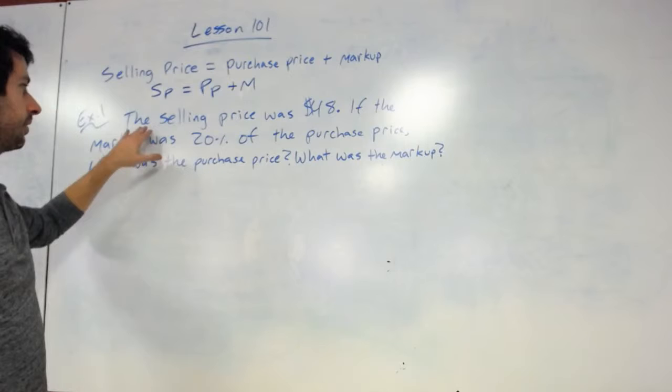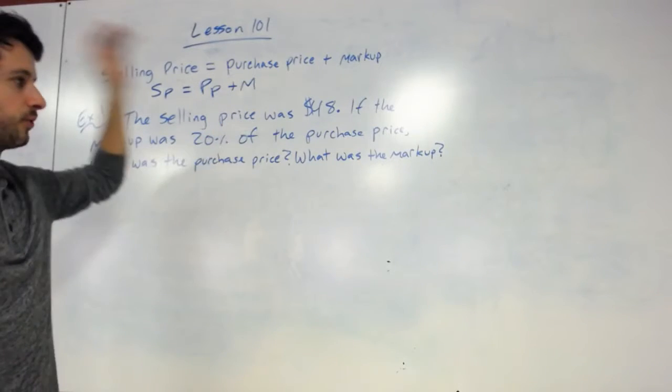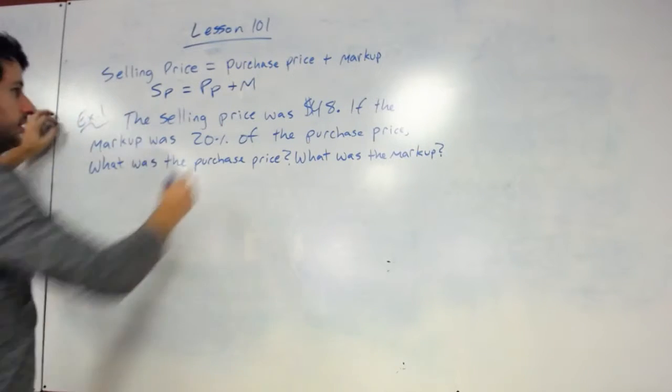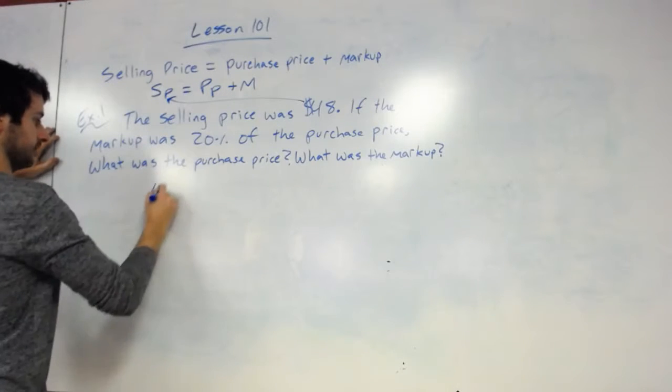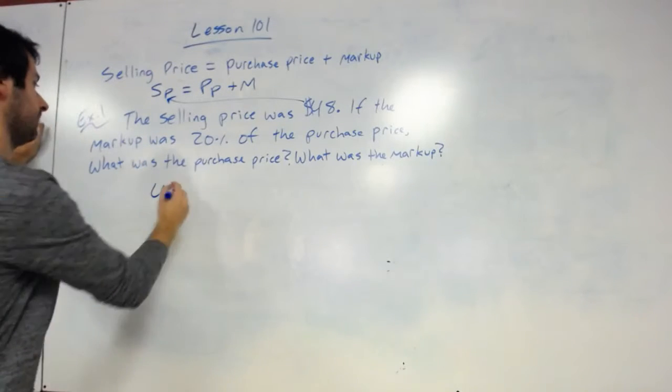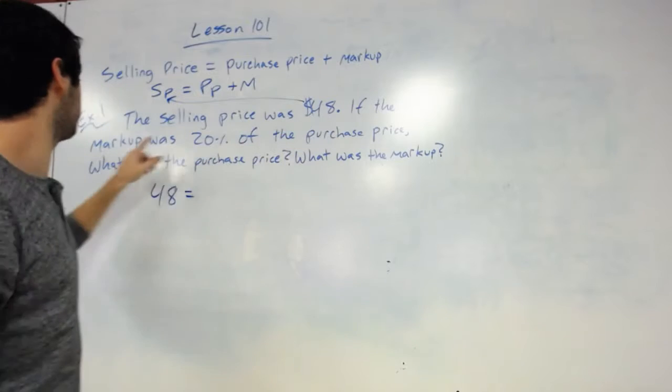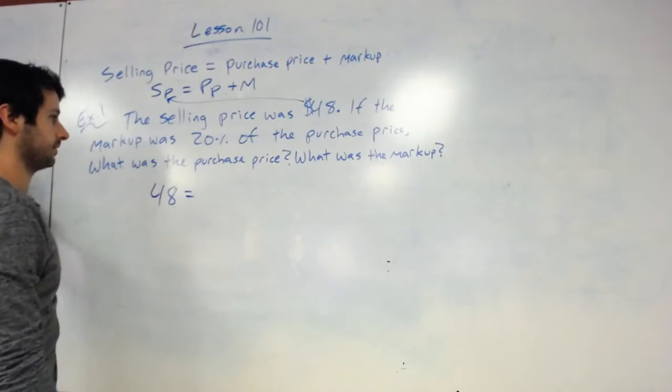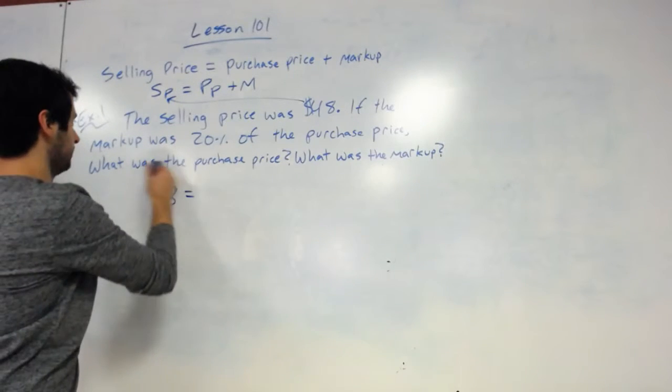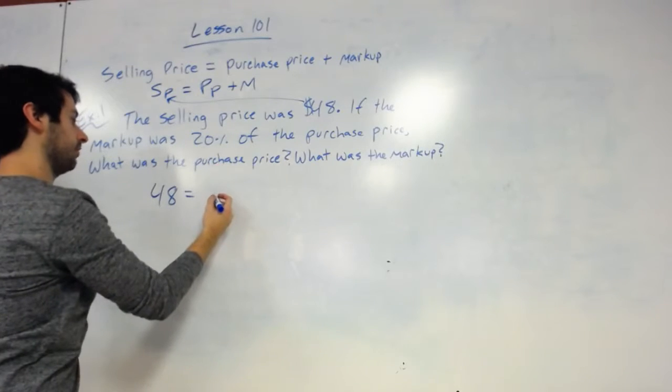It says in example 1, the selling price was $48. All right, so we know what the selling price is. Put 48 there. It says if the markup was 20% of the purchase price. All right, so markup was 20% of the purchase price.